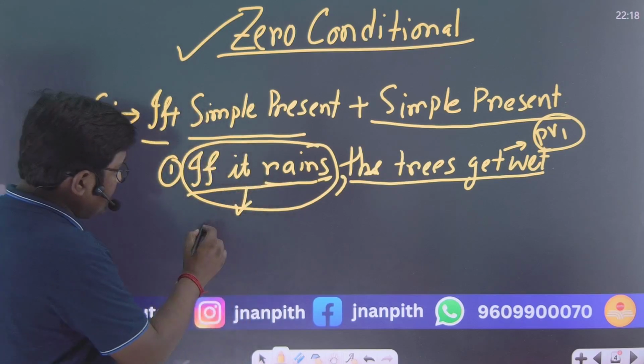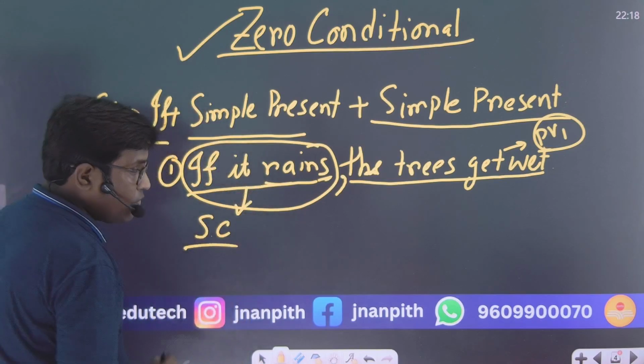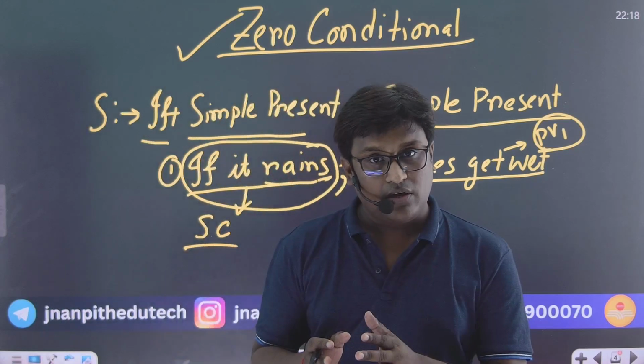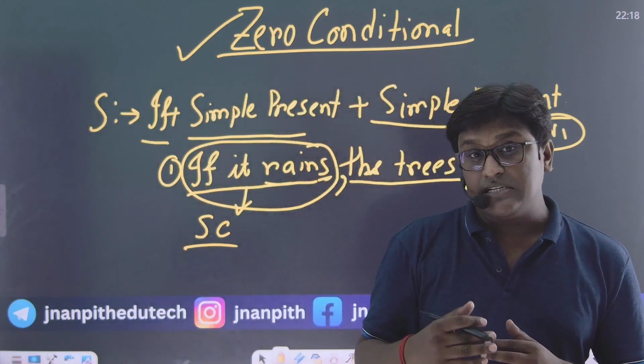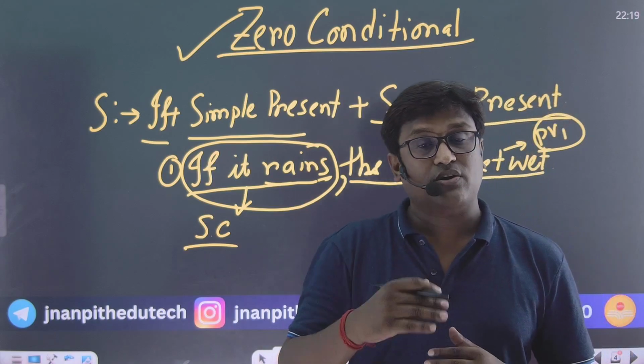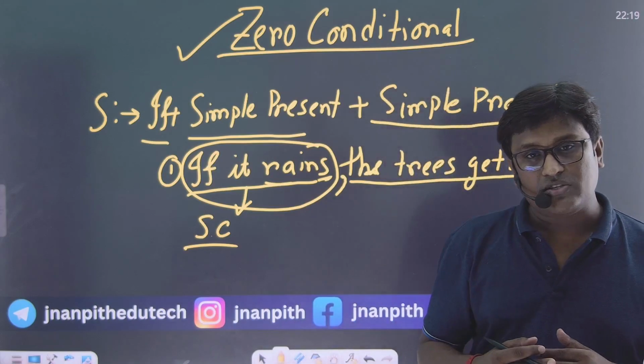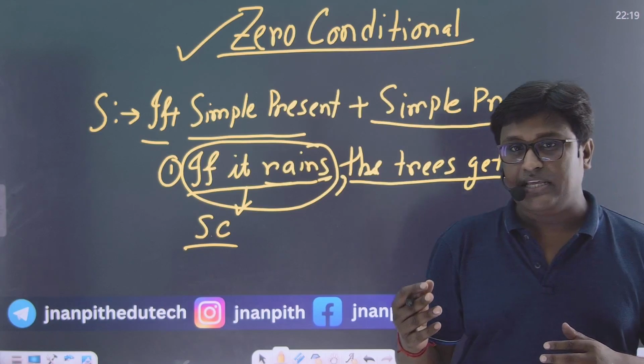The if clause is a subordinate clause. What is a subordinate clause? The clause which has to depend on another part of the sentence or another clause in order to express its own meaning.